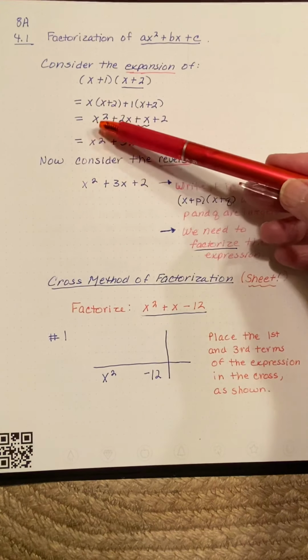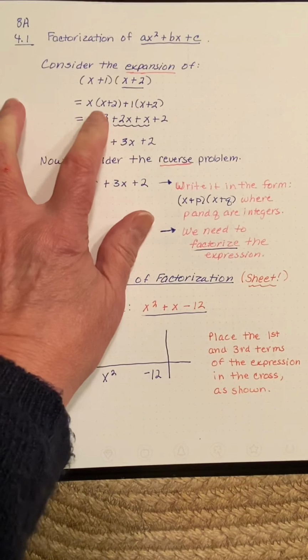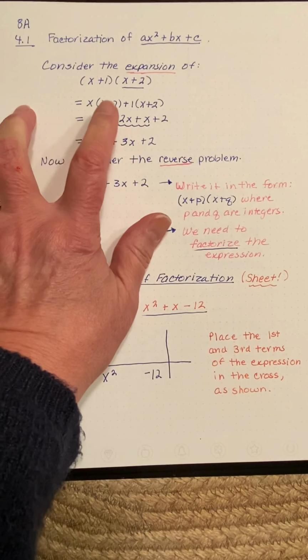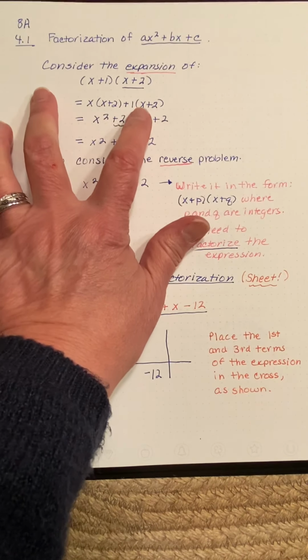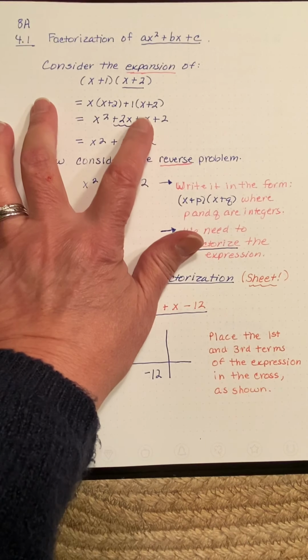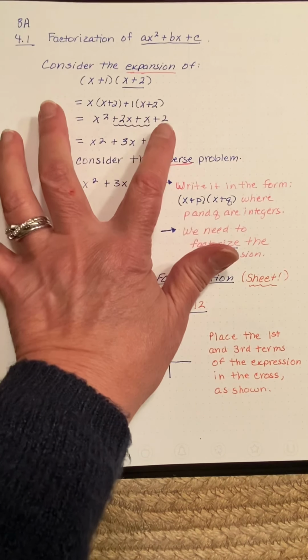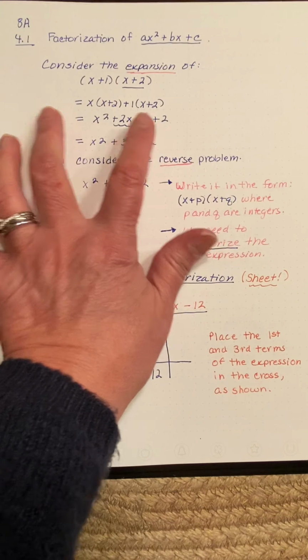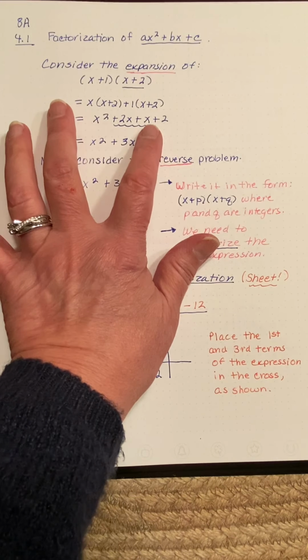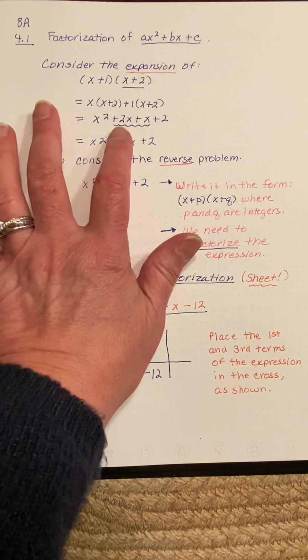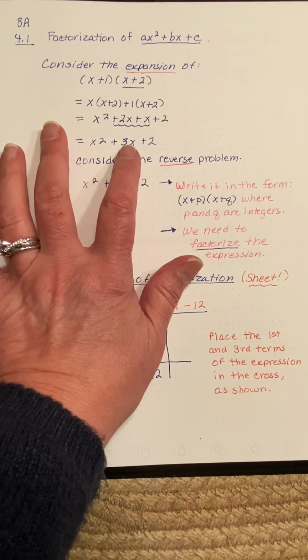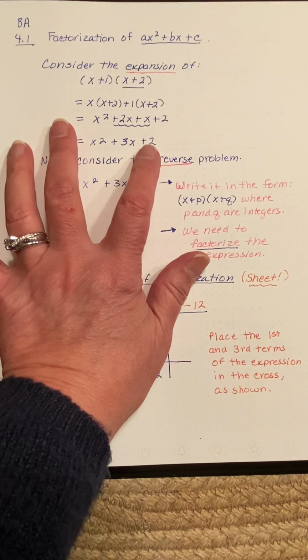In doing that, we end up with x times x is x squared, x times positive 2 is positive 2x, positive 1 times x is positive x, and positive 1 times positive 2 is positive 2. We combine our x's. Nothing, x squared stays by itself. Combining the x's, we have positive 3x, and then positive 2.